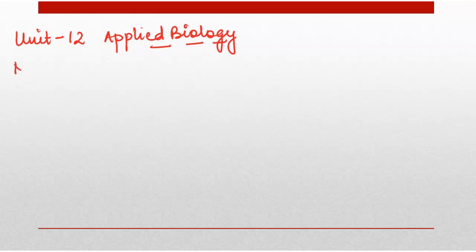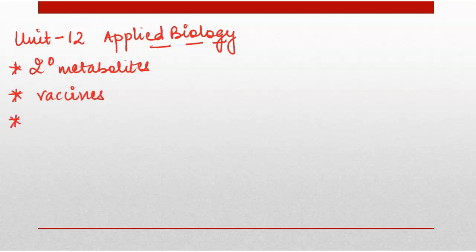First is secondary metabolites. Same as plant physiology. You need to prepare them for this unit also. Then is vaccines. You should know examples. Which vaccine is of which type. Transgenic plants and animals.